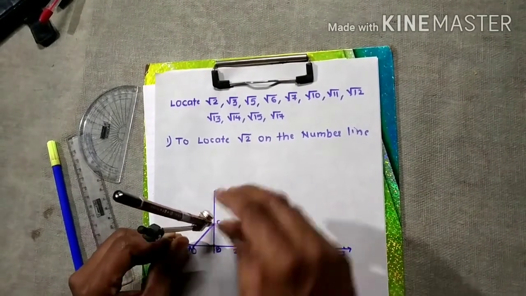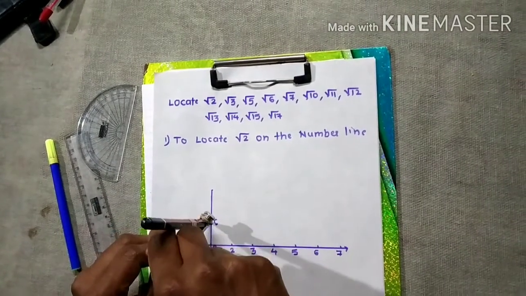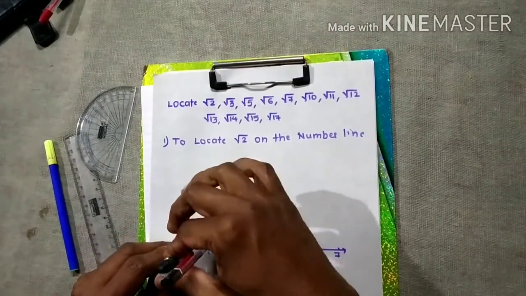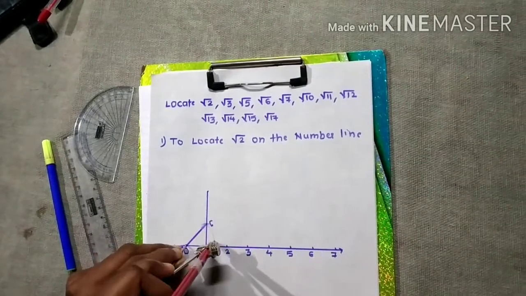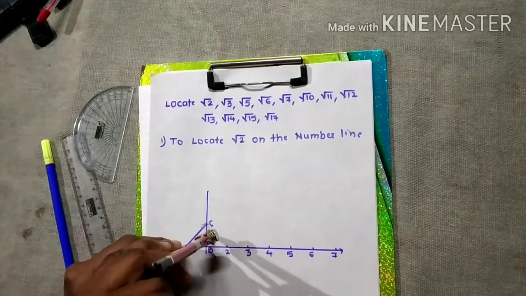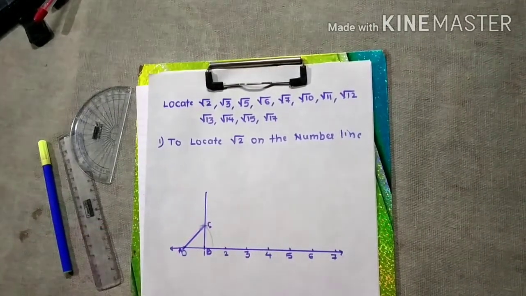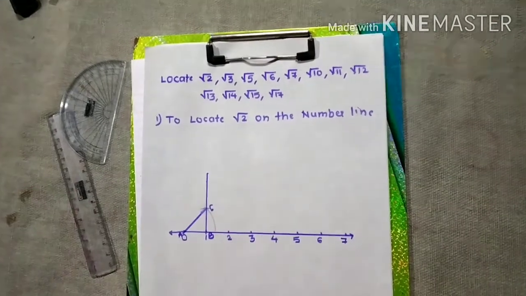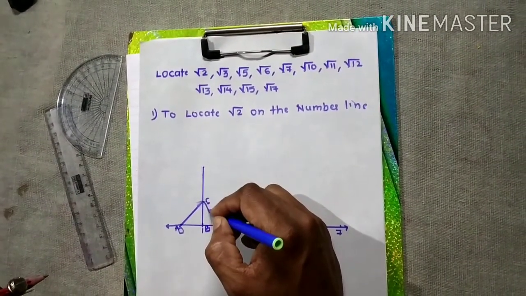Then draw one arc here like this. So this is the value of root 2.